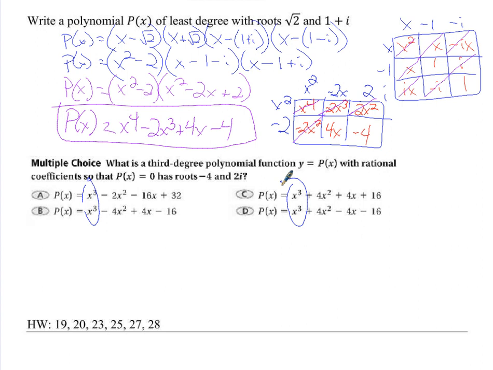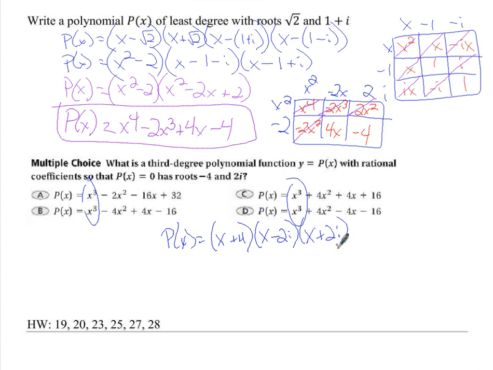So let's write the polynomial. P of x equals, my 3 roots are negative 4, 2i, and negative 2i. So I'm going to write x plus 4 times x minus 2i times x plus 2i.